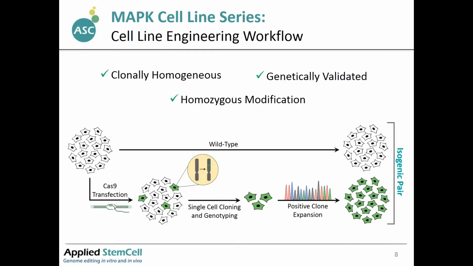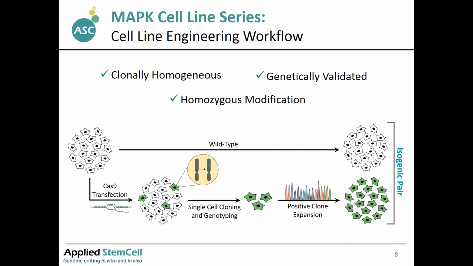The way that we engineer these cell lines is that we take the parental cell line population. We then do Cas9 transfection along with our single-strand oligo donor. At this point, we'll get a mixed population of cells, some which have the mutation and some which don't. We then move on to single-cell cloning, and in that process, we're able to identify cells that have the mutation that we're looking for.